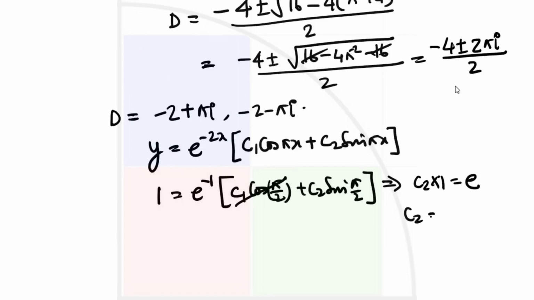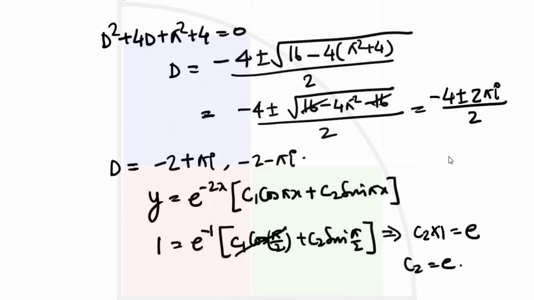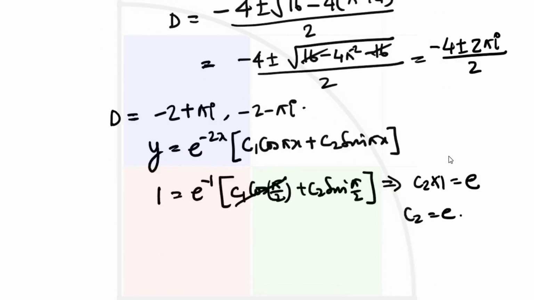So c2 is e, and then to apply the second initial value condition, we need to differentiate this equation.